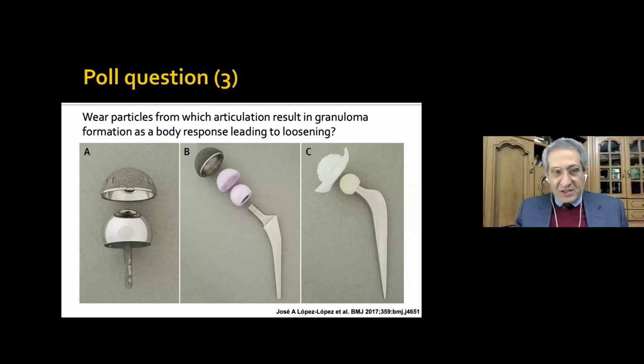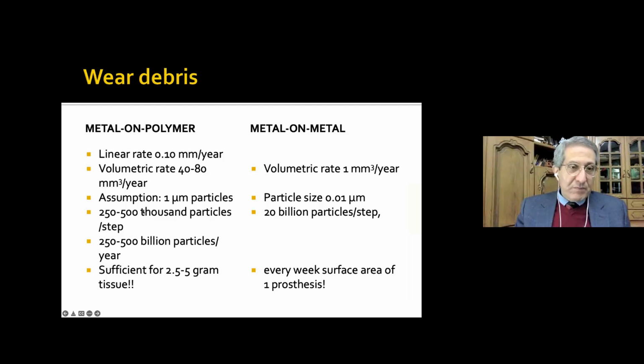The particles in metal on poly are 1 micrometer, while those in metal on metal are 0.1 micrometer. Consequently, there are so many more of them in metal on metal compared with metal on poly. But it's not the number of particles only, it is the size of them.